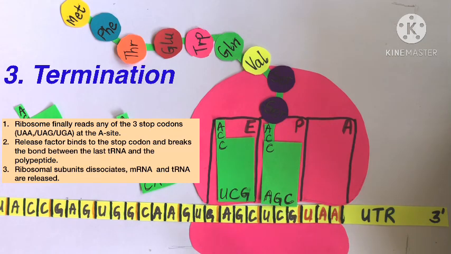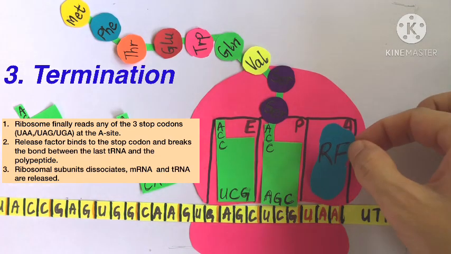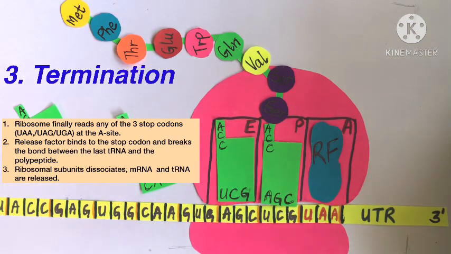As we know, the 3 stop codons do not code for any amino acid, but signals the end of translation. So a protein called releasing factor binds to the stop codon, and the binding of the releasing factor to the stop codon triggers the separation of the polypeptide chain from its last tRNA.